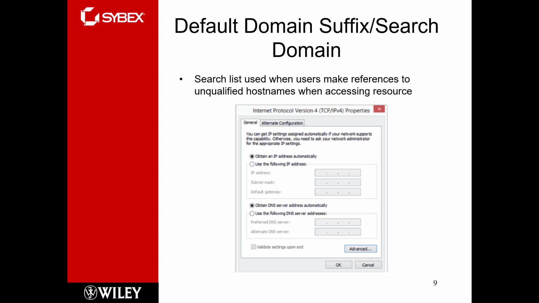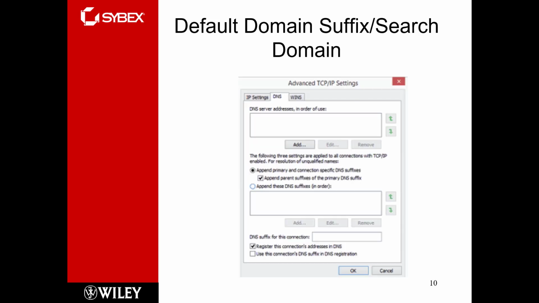If you wanted to play with the alternate configuration, you can do that, or if you wanted to play with the advanced configuration. You'll notice here for DNS you have two options. If you click advanced, you can have more. So in advanced, if you click on DNS, you can add multiple DNS servers. You can also register a domain query or domain name that will be used on your local network in this setting.